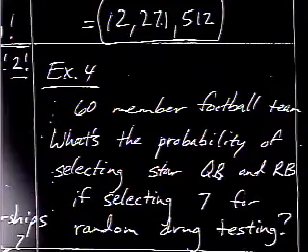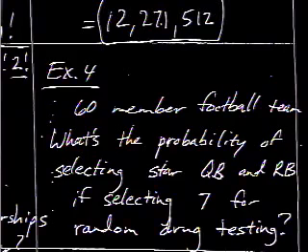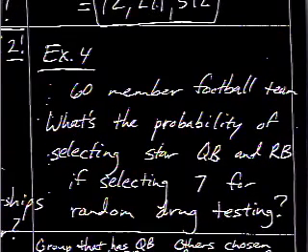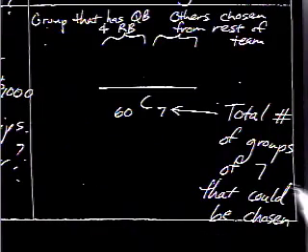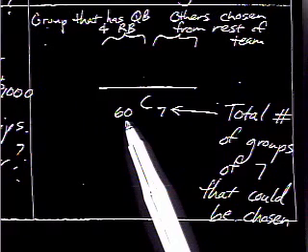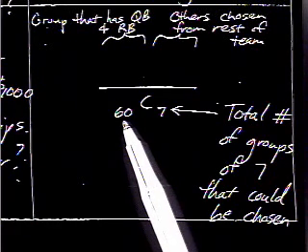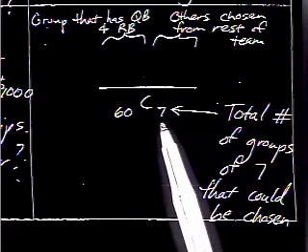Now, in a different example, example 4, there are 60 members on the football team. What's the probability of selecting the star QB and running back if you're selecting 7 people for random drug testing? Well, we can figure out that if there are 60 people being chosen from, how many groups of 7 can we get?